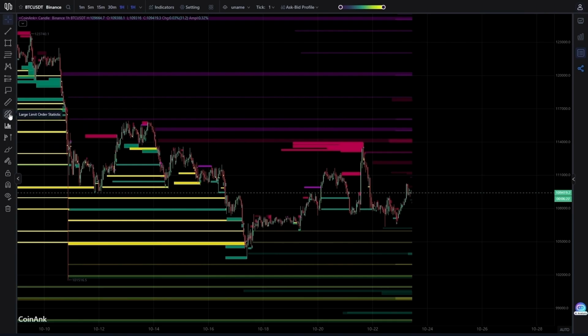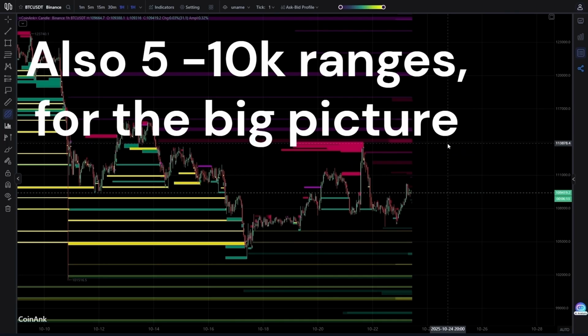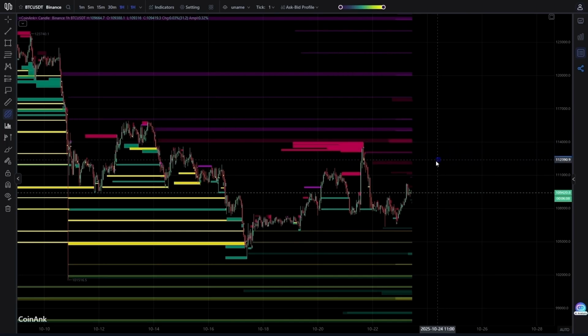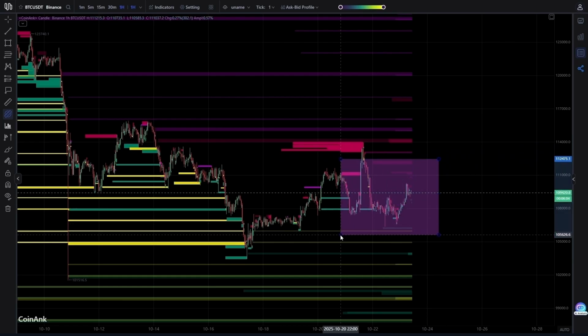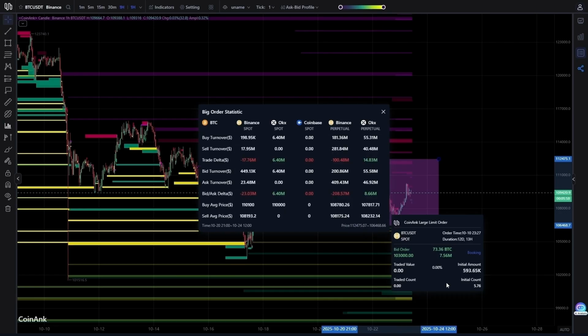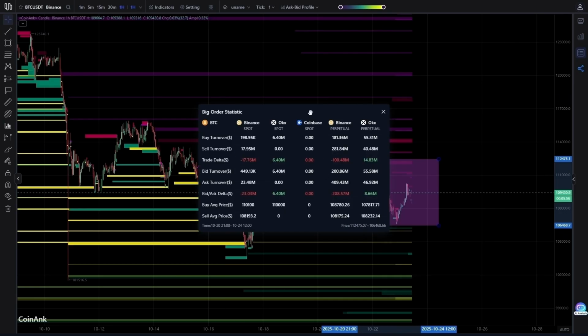We can go over here to the large limit order statistics and have a look at the delta. What I usually do is take around 2 or 3K ranges, and then we get this box.